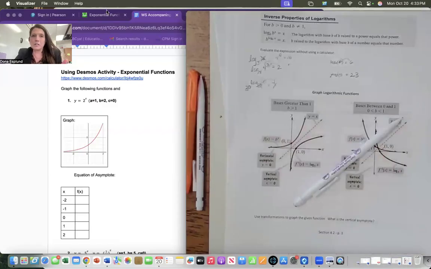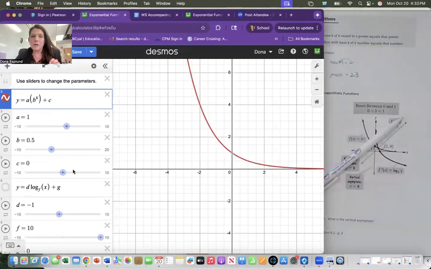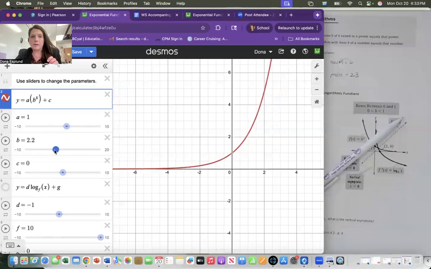Notice too, that's also what I'm wanting you to do when we change our base. Remember, let me make the base 2 here, and notice that it's a curve that's going up this way.